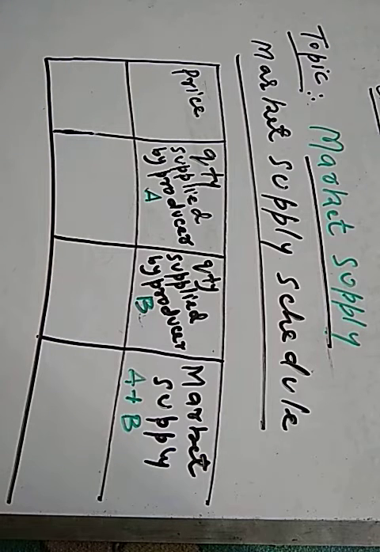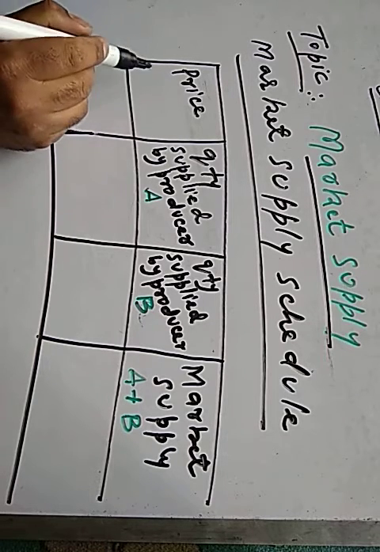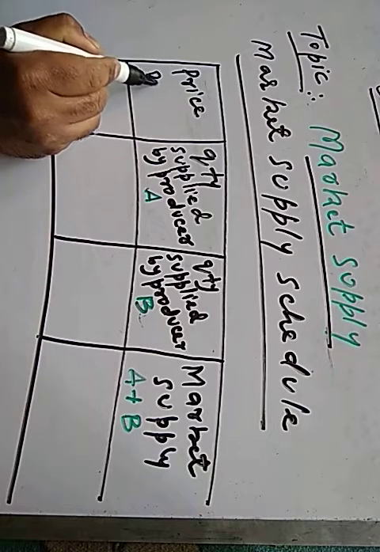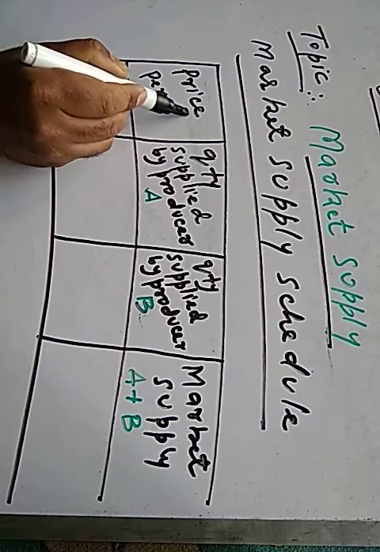Suppose the commodity that a producer is supplying in the market is pen.